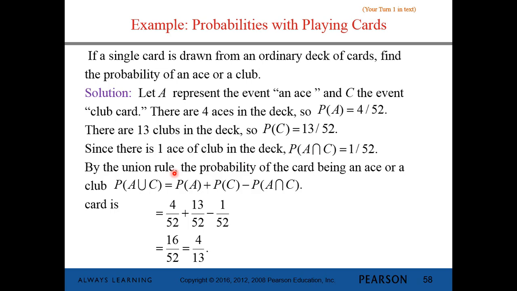Now if we use the addition rule, the probability of getting an ace or a club is the probability of getting an ace plus the probability of getting a club minus the probability of getting the ace of clubs, which is 4 plus 13 minus 1, giving us 16/52, or 4/13, which is what we came up with.